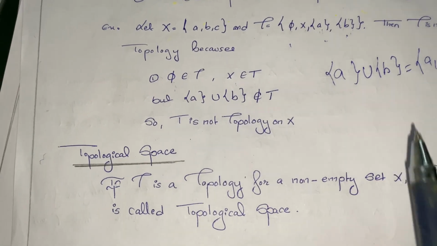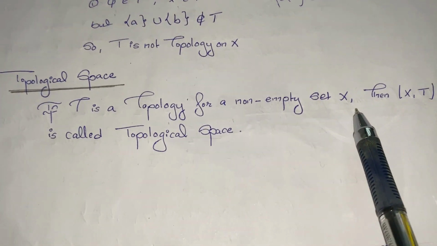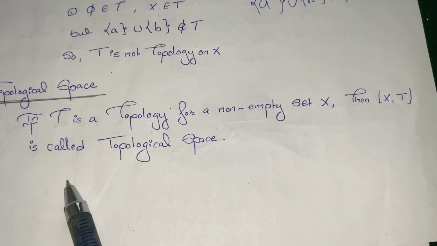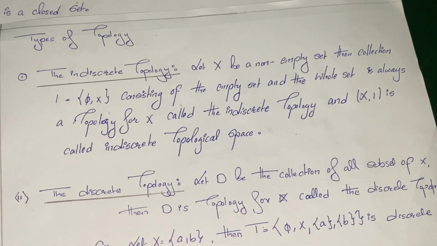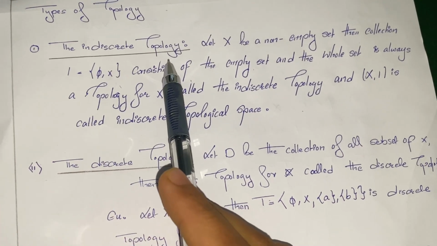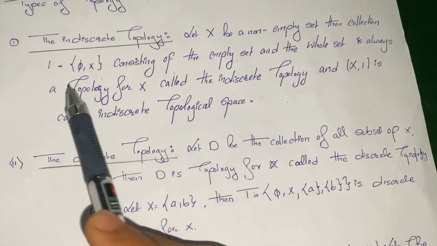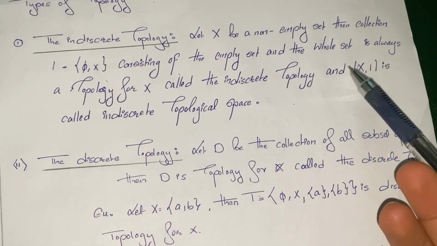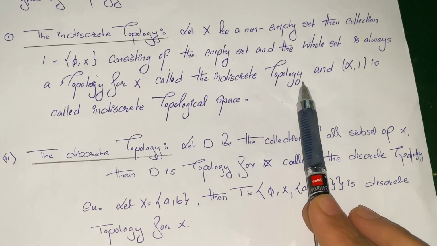Likewise, talking about the topological space, if T is a topology for a non-empty set X, then (X, T) is said to be a topological space. Understood? Next we have the types of topology, and the first one is the indiscrete topology. Let there be a non-empty set X, then the collection I consisting of the empty set and the whole set is always a topology for X, and it is called the indiscrete topology.